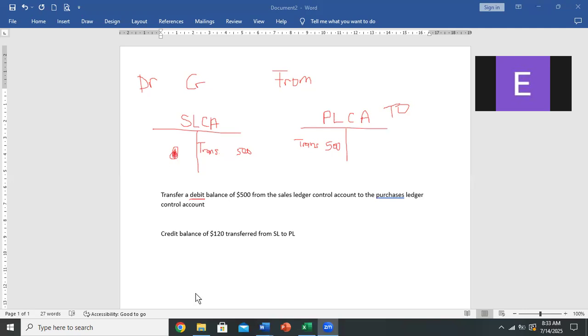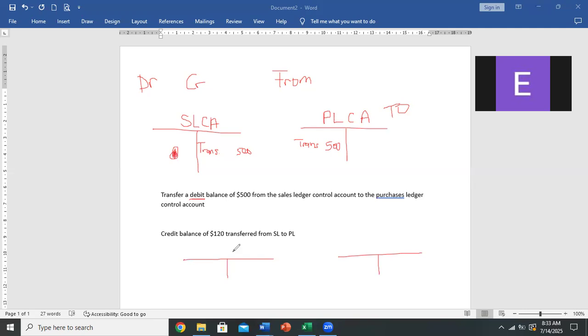So in the second example, you are transferring a credit balance of $120 from the sales ledger to the purchases ledger. What it means is that you need to determine the account from which you are transferring.